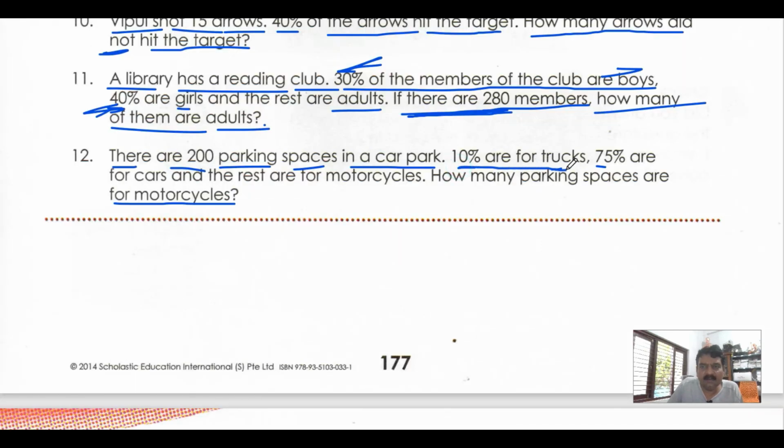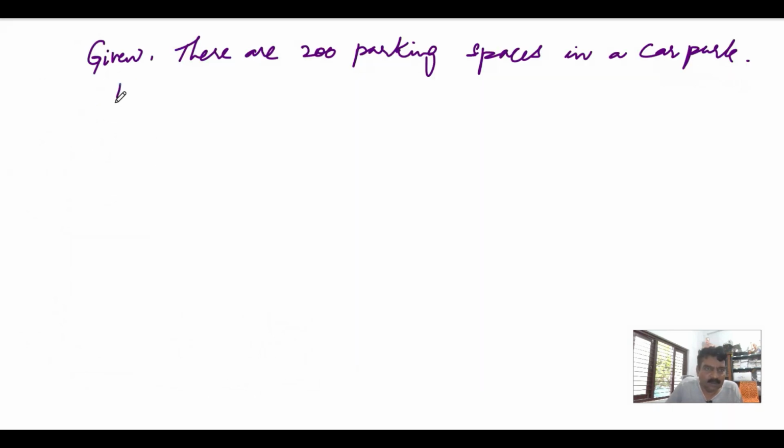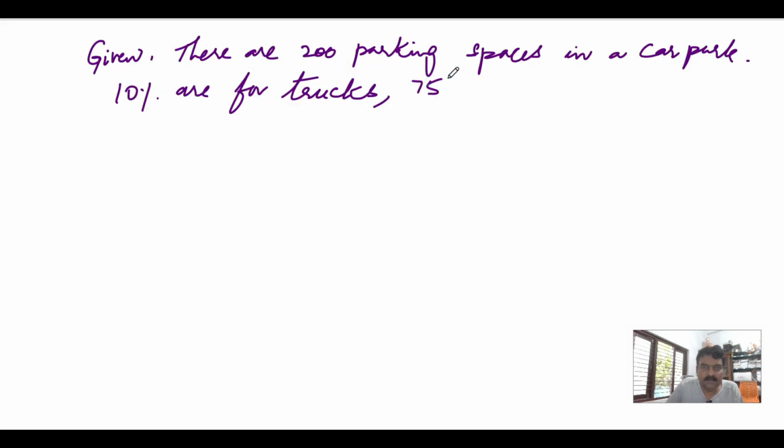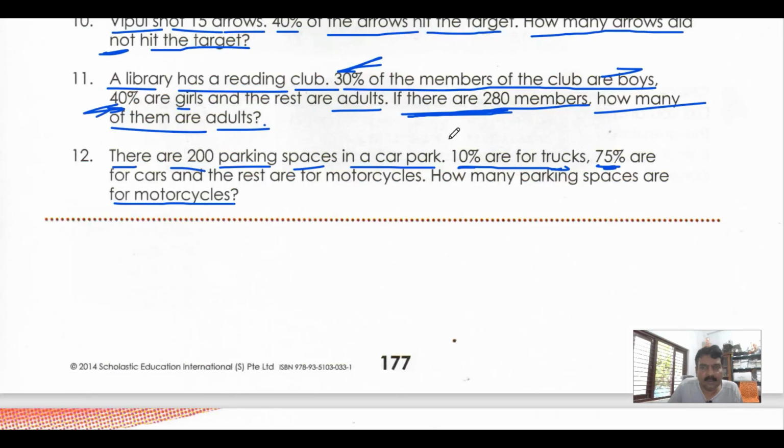Now 10% are for trucks, 75% are for cars, and the rest for motorcycles.